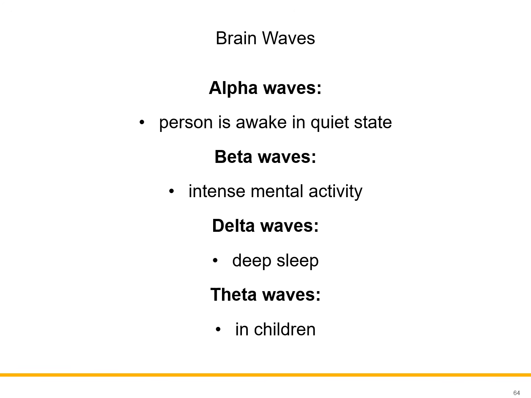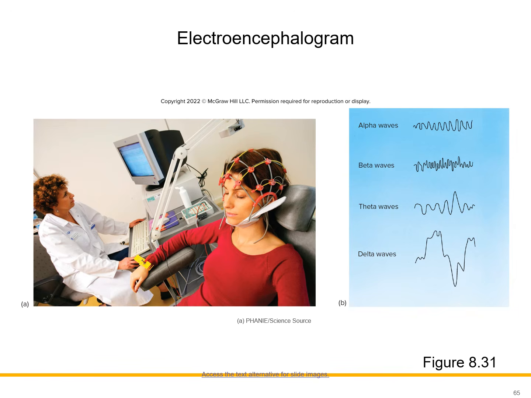So alpha waves are produced by people when they are awake but also quiet. Beta waves are seen during intense mental activities. Delta waves are observed during deep sleep, and theta waves are typically observed among the brains of children. This slide shows a person having an EEG test.